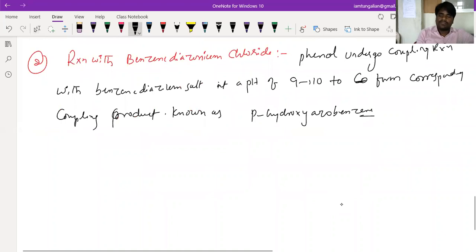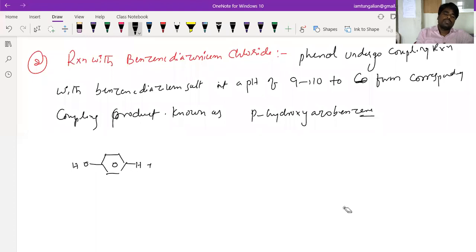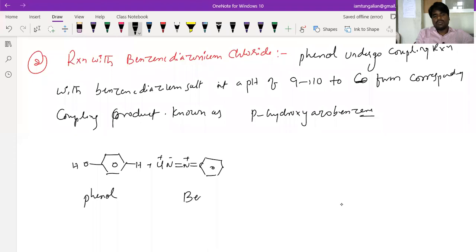What happens here? This is your phenol, and this is your benzene diazonium chloride, at a pH from 9 to 10, because phenol is slightly acidic in nature.